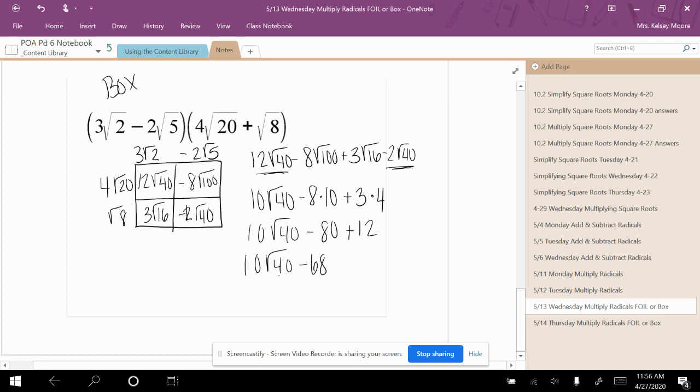Now, the square root of 40 can be broken apart into 4 and 10, 2 and 2, circle the 2, box the 10, 2 square root of 10. So you get 10 times 2 square root of 10, minus 68. You get 20 square root of 10, minus 68.